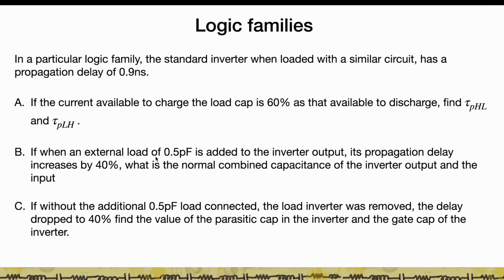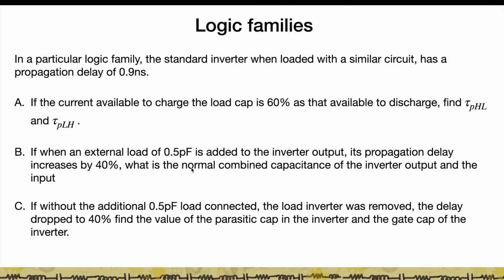Now, if an external load of 0.5 pF is connected to the inverter output, its propagation delay increases by 40%. What is the normal combined capacitance of the inverter output and the input? So when I add half a pF in addition at the output node of the inverter, I see that my delay goes up by 40%.